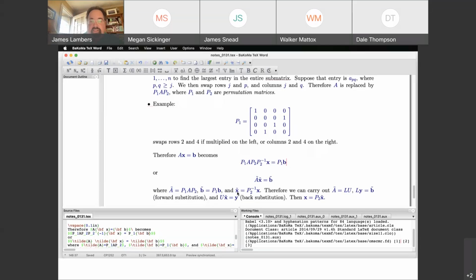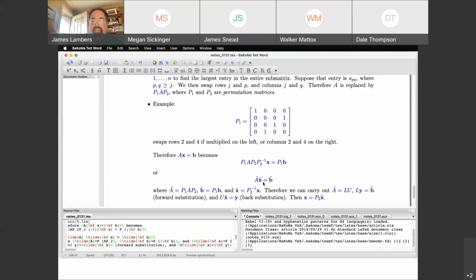And then my new solution is P2 inverse times the original solution. So after I perform my pivoting, I'm going to solve this system that has the interchanges taken into account. I compute the LU factorization, solve the same systems as before, and obtain the solution x tilde.